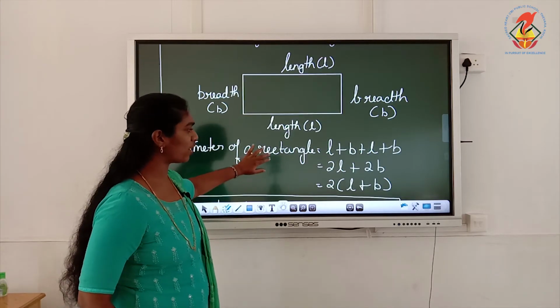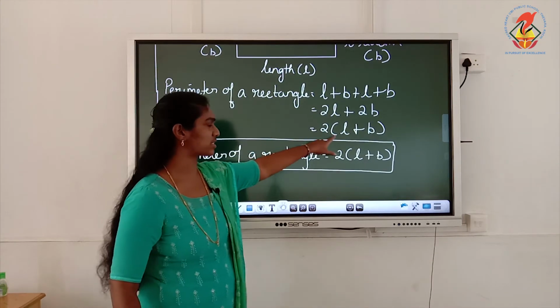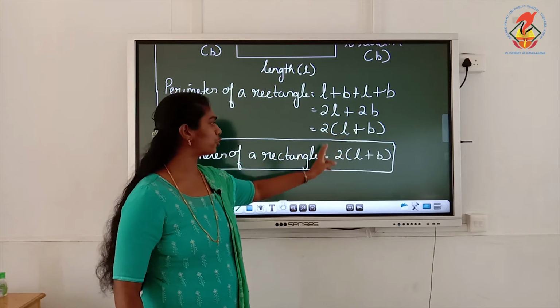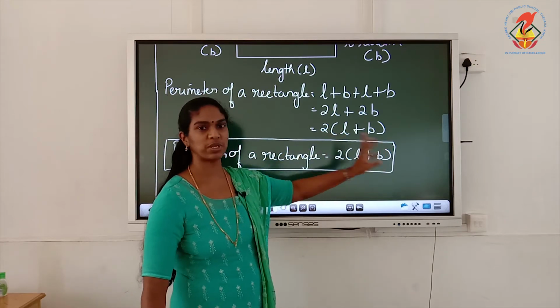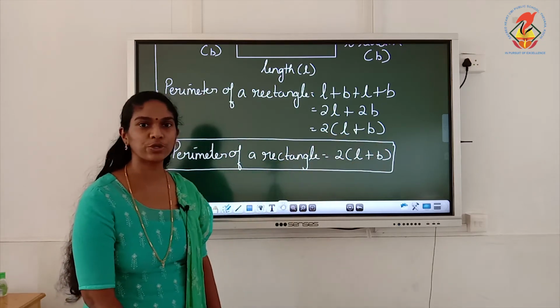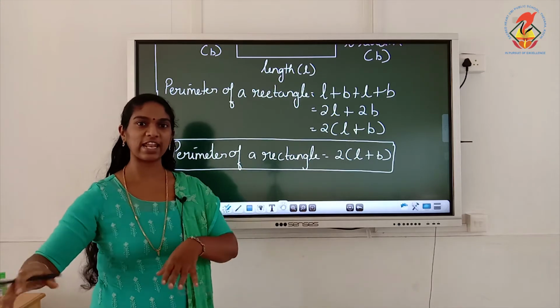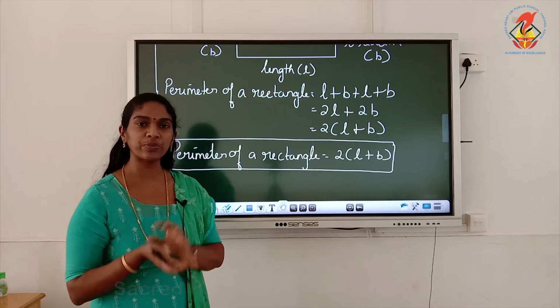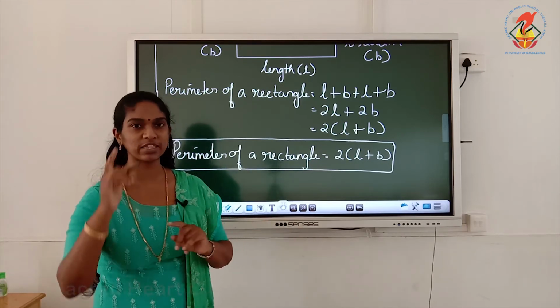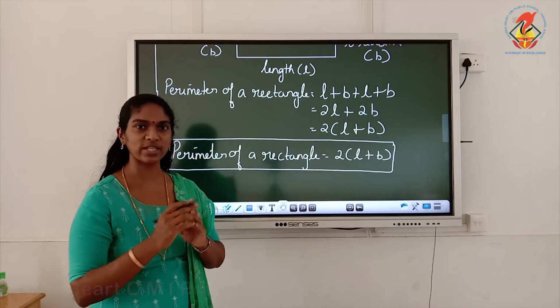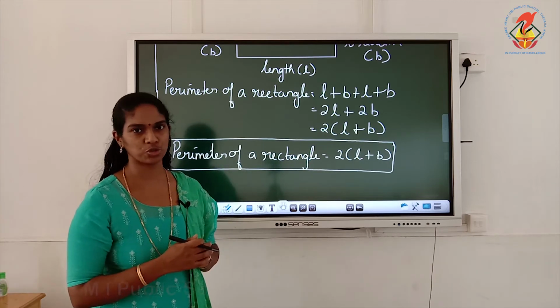So children, what you need to study is only this: perimeter of the rectangle is equal to 2 times L plus B. Instead of adding the length again and the breadth again, you will add the length and breadth once, and just multiply by 2.